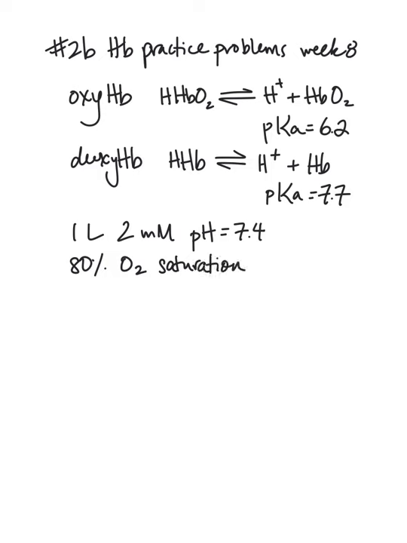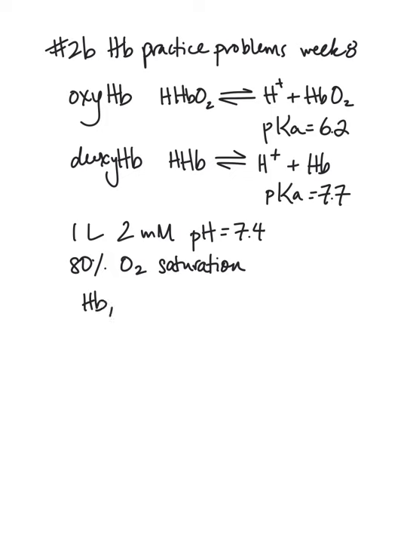So this problem combines an understanding of hemoglobin with an understanding of how to use Henderson-Hasselbalch. The question is saying, please calculate all the forms of hemoglobin present at this pH. And the problem nicely lists out what the forms are.